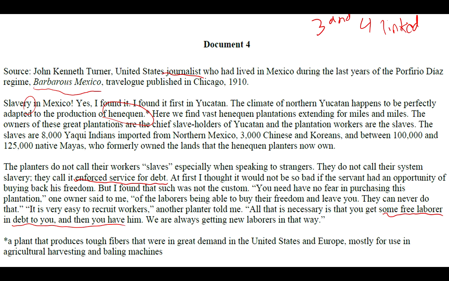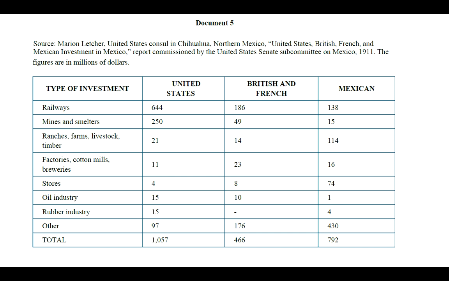Okay, what do they have to do with each other? Because they both care more about private business and American private business than the working conditions of the people. Document 5. Okay, hit pause, try to come up with it on your own.